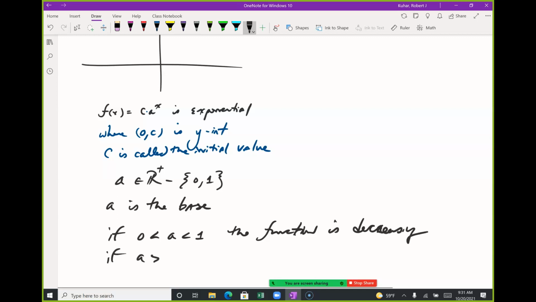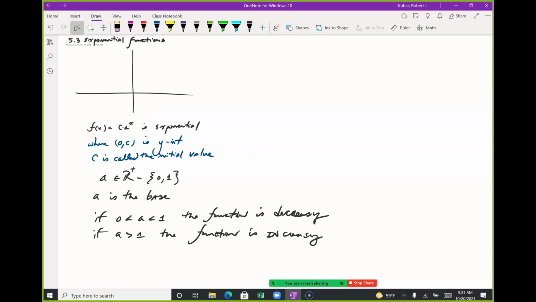If A is bigger than 1, the function is increasing. And of course, it's an exponential function. My variable is the exponent, right?